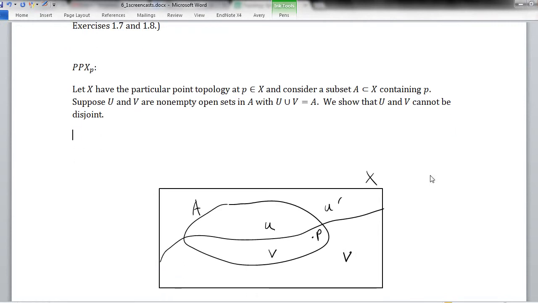So, well, by definition, what does it mean that U and V are open in A, right?